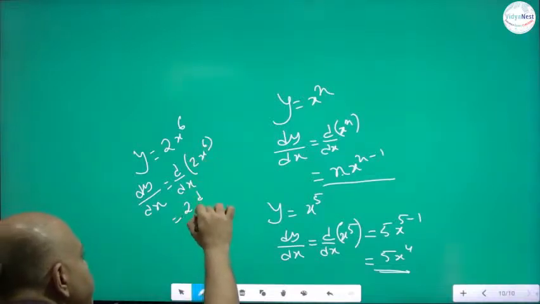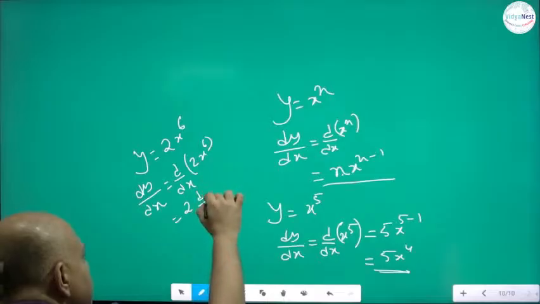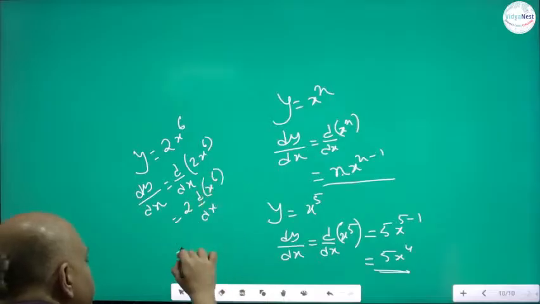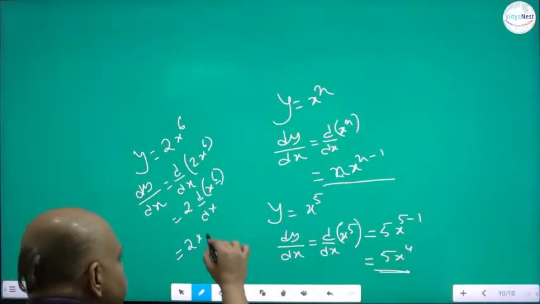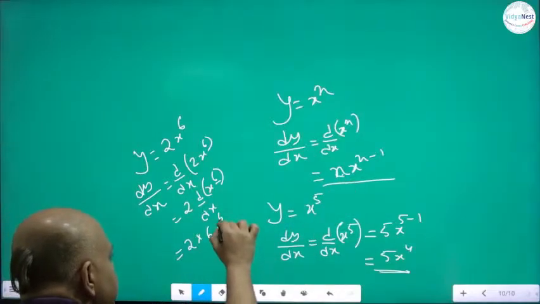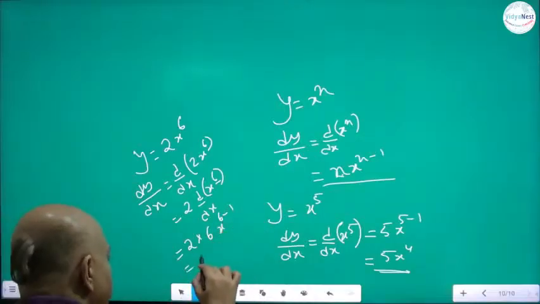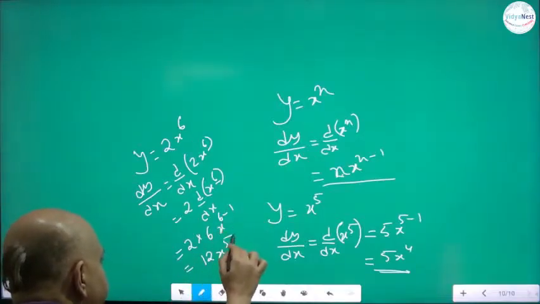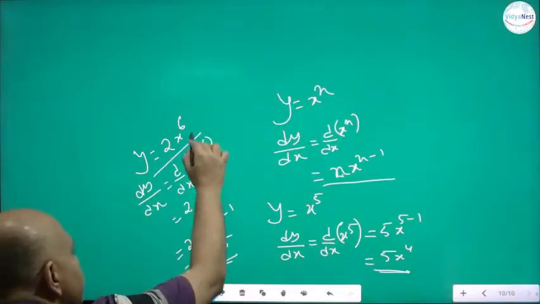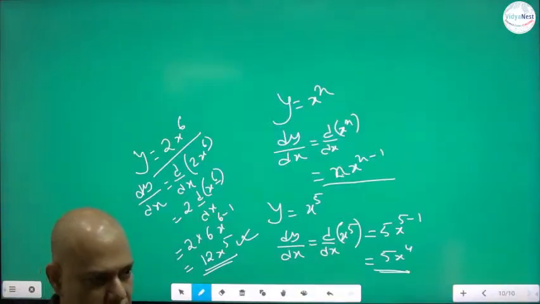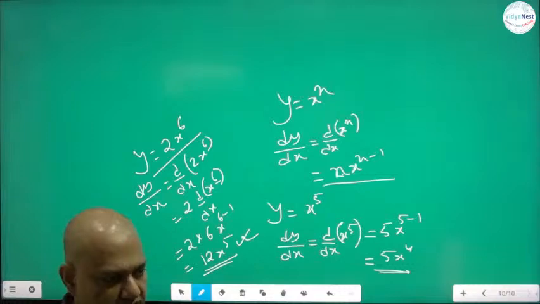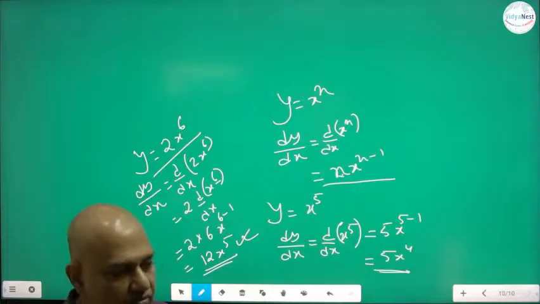Then with this formula, n into x to the power 6 minus 1, that means 12x to the power 5. If I differentiate this one, I am going to get this. Is it clear? Very good.